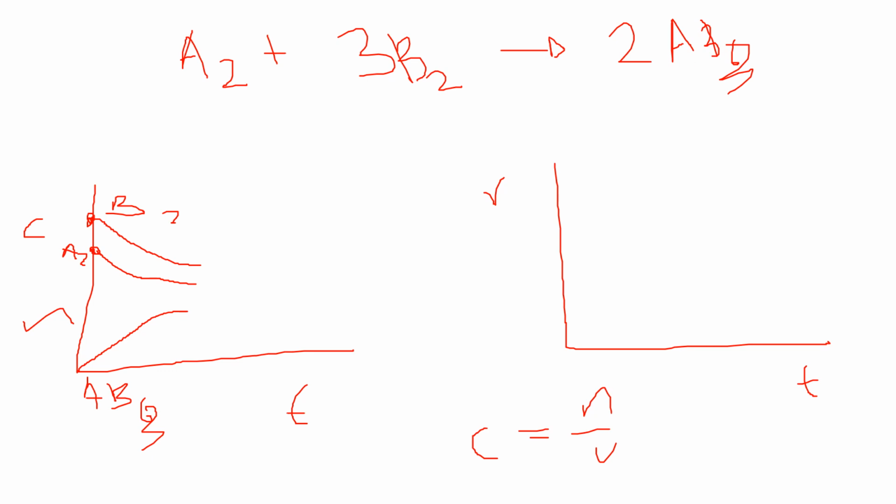So now your rate of reaction will start being fast, because you have a lot of moles of A2 reacting with moles of B2, so that it can form the product. So your rate starts faster, but then as it goes, remember the concentration of the reactants starts to decrease, and then the forward reaction starts to decrease. Okay, this will be the forward reaction.